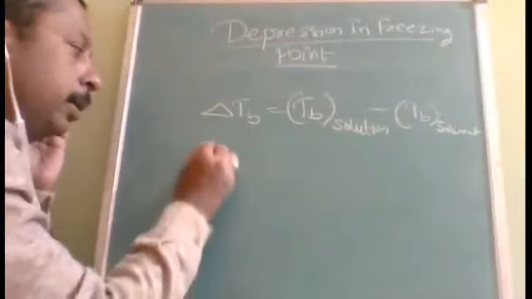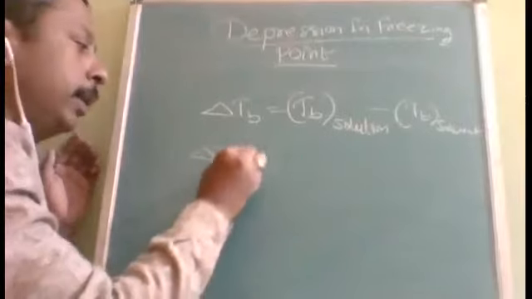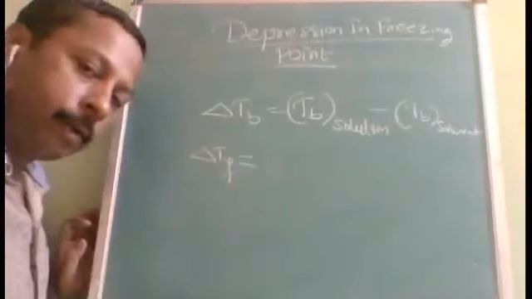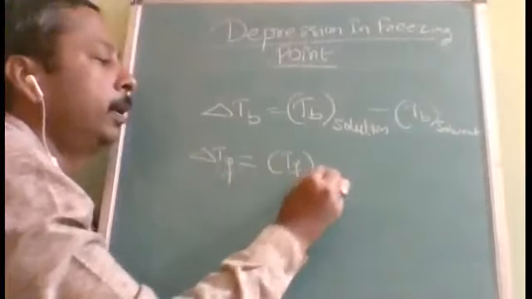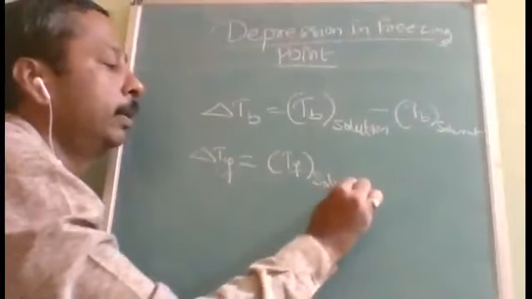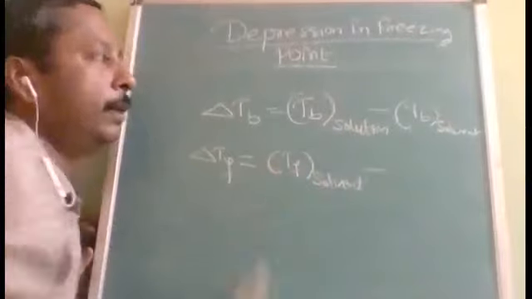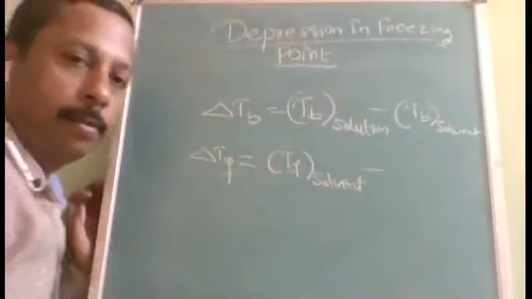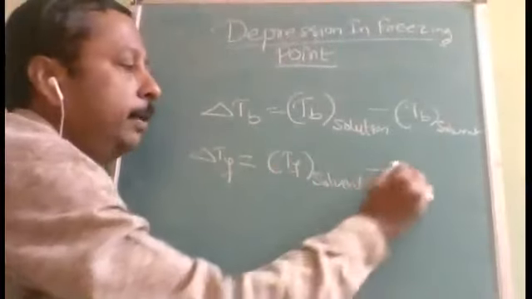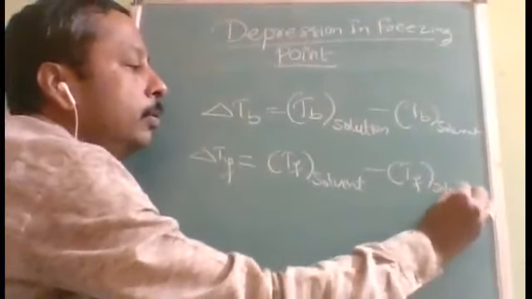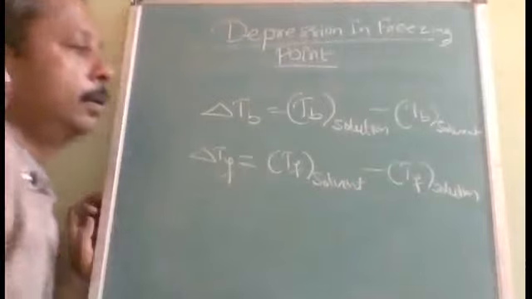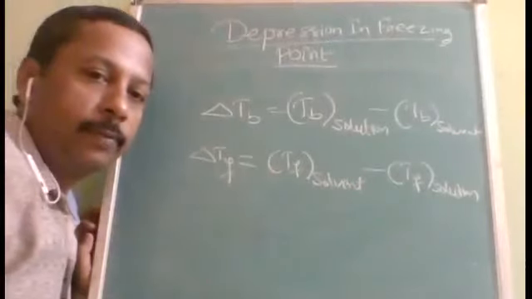But in delta TF, we write the freezing point of solvent first, because the solution freezing point is reduced. Freezing point of solvent minus freezing point of solution. That is the difference between both of them.